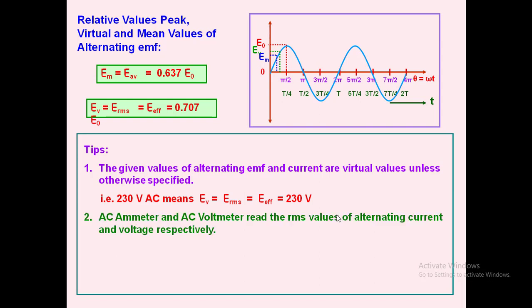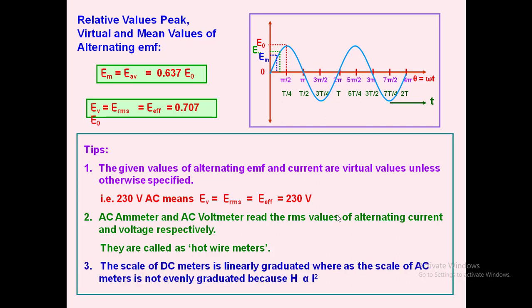AC ammeter and AC voltmeter read the RMS value of alternating current and voltage respectively. They are called hot wire meters actually. The scale of a DC meter is linearly graduated, whereas the scale of an AC meter is not evenly graduated because H is directly proportional to I square, that is, the square of current.